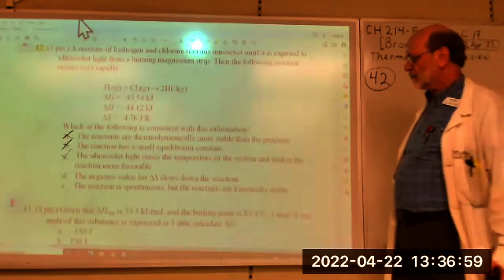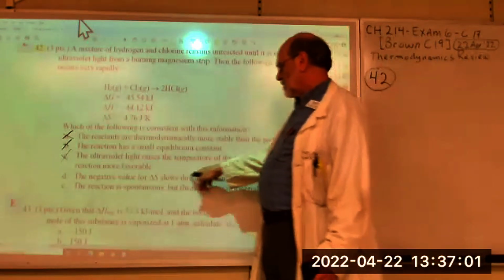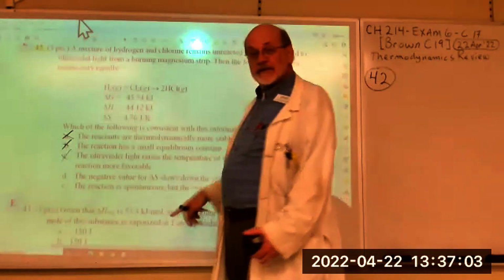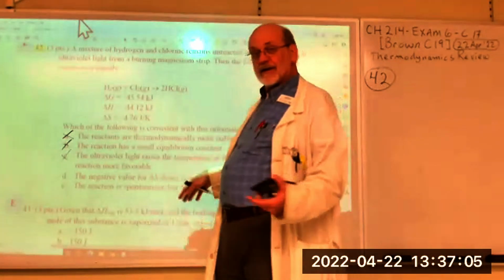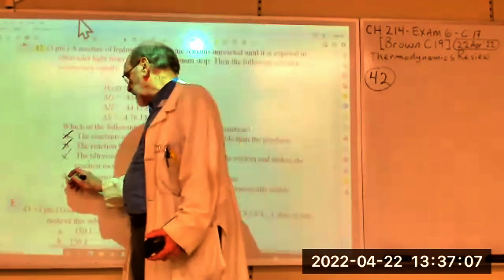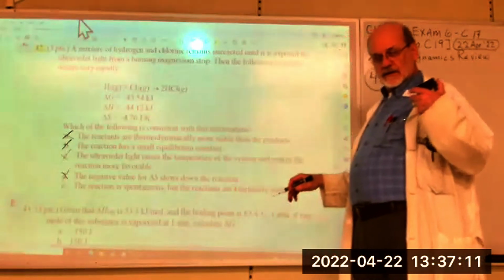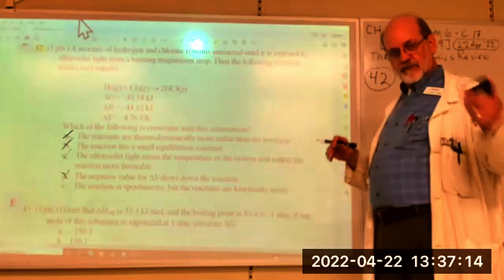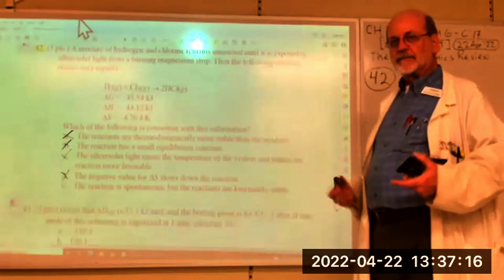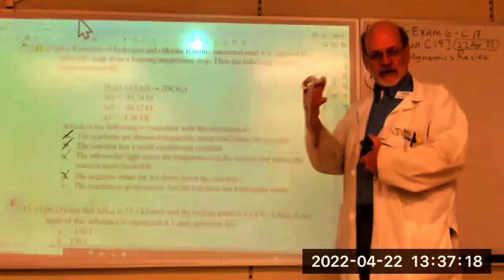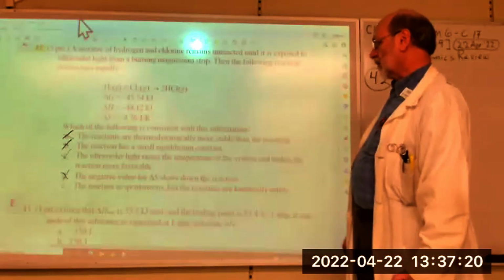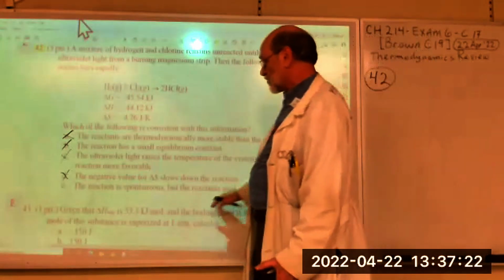Nothing whatsoever. So saying anything relative to rate of reaction here is false. It doesn't matter what the rest of the statement is, it's false. We're talking about before and after. We don't care what happens in between. In between is where the kinetics occurs. Okay, so by process of elimination, this one should be true.